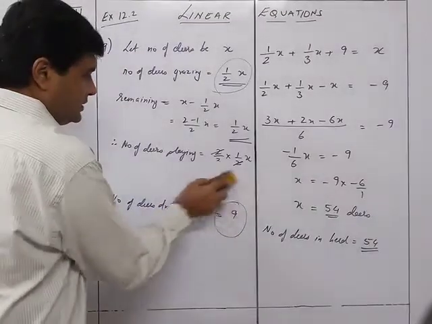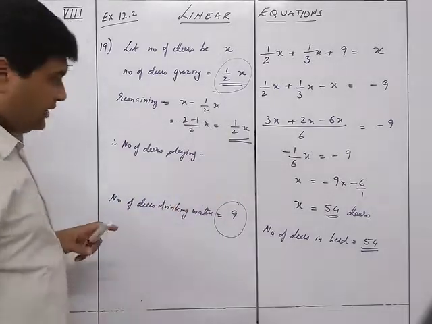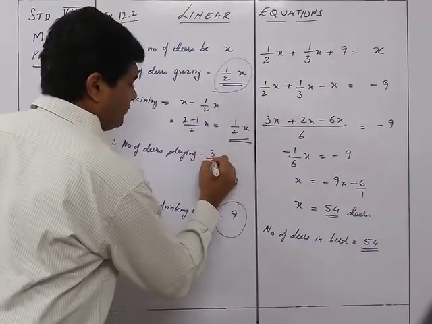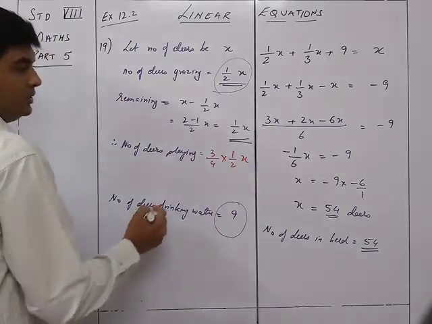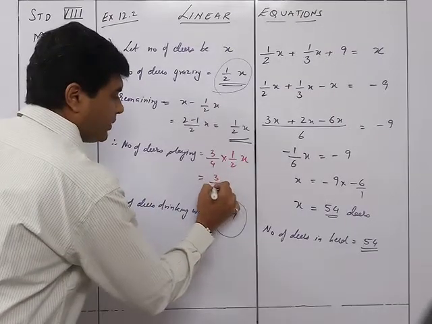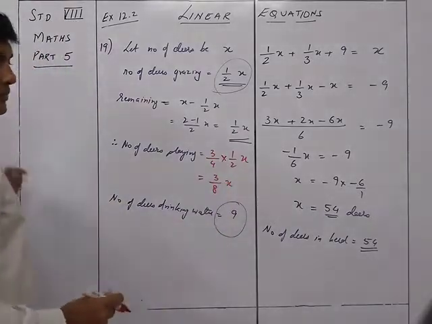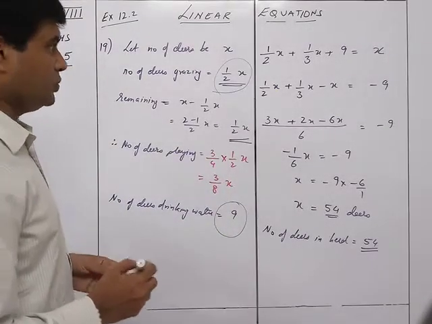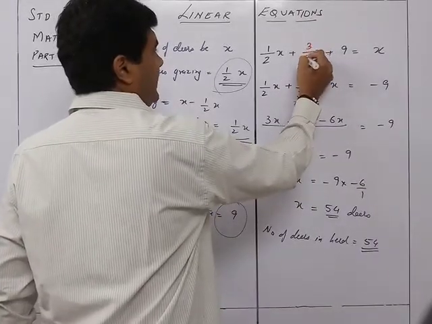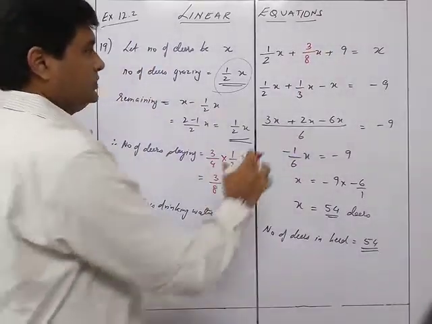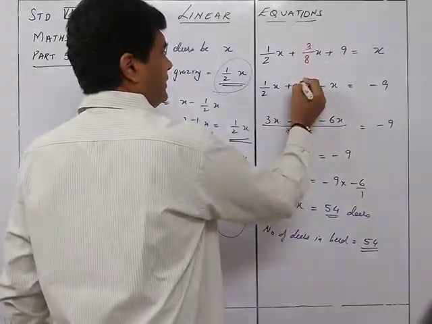So this is 3/4, 3 upon 4 into 1 upon 2x. So that will give you 3 upon 8x. Okay, a lot is going to change. So this definitely will become 3 upon 8x.